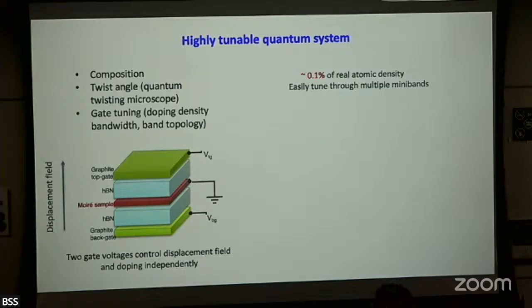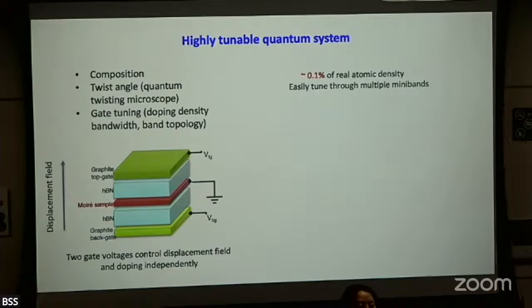In early days, for each device, you fix the twist angle, or if you have inhomogeneity, you search around your sample here and there, and you pretty much have different twist angles. But with the new development of the quantum twisting microscope, now we can continuously tune the relative twist angle between the layers. So this idea is relatively simple.